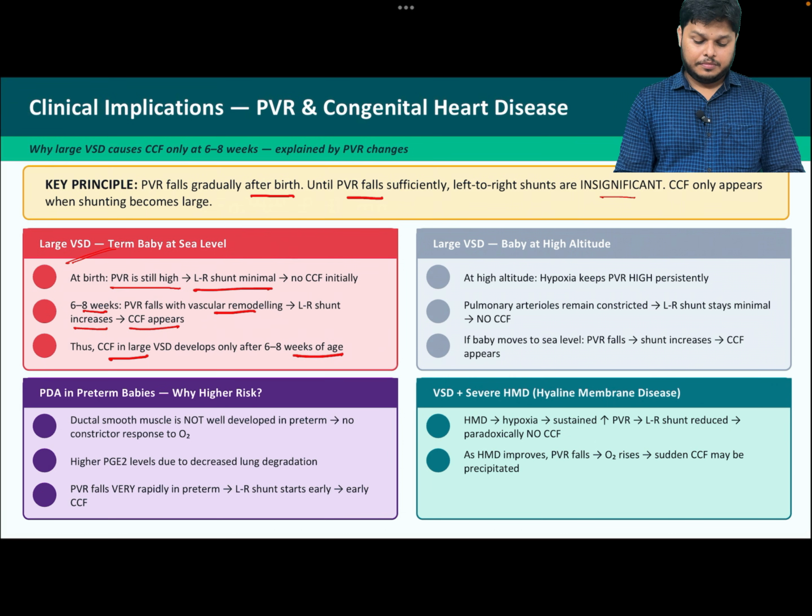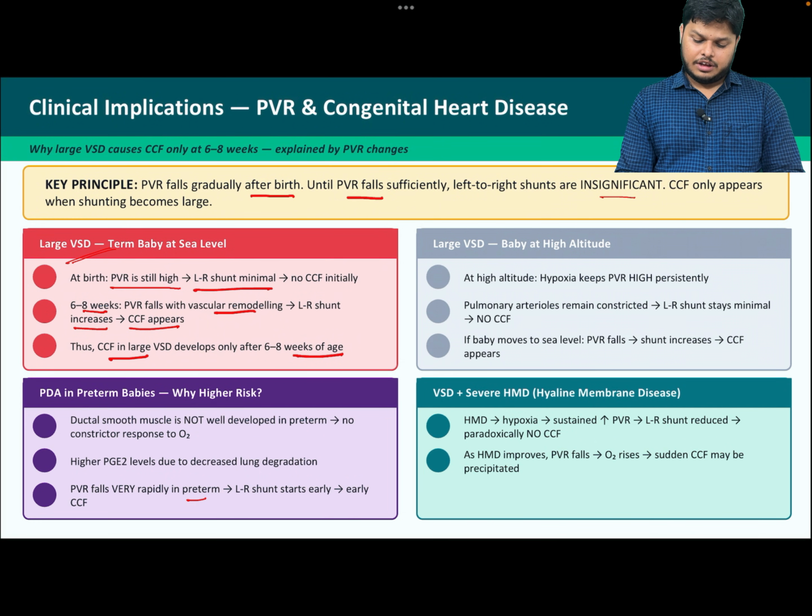Understood? PDA in preterm babies. In preterm babies, the ductal smooth muscles are not well developed, so the constrictor response to oxygen is not that good. And other than that, the pulmonary vascular resistance falls very rapidly in preterm.